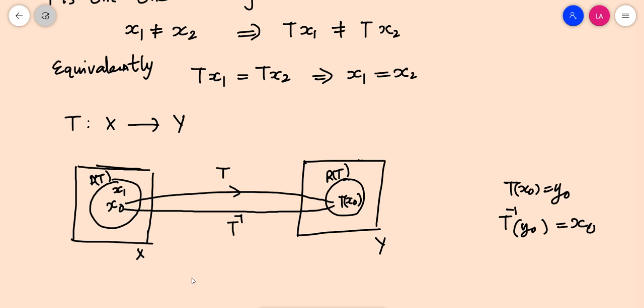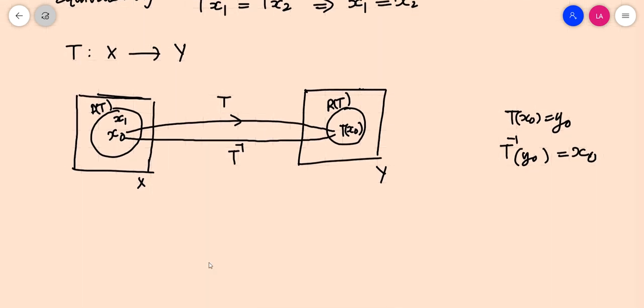Also, the inverse satisfies certain conditions. The first condition, which is trivial, is T inverse of T of x is equal to x for x an element of D(T).